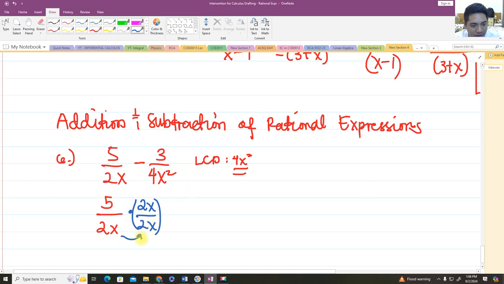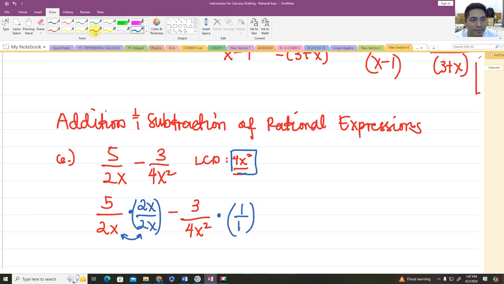If we multiply 2x by 2x, that will be 4x squared, which is our LCD. Then on the right side, you have 4x squared already, so you're going to multiply it by 1 all over 1, which is technically by 1.